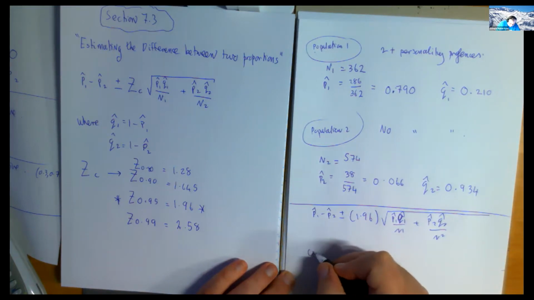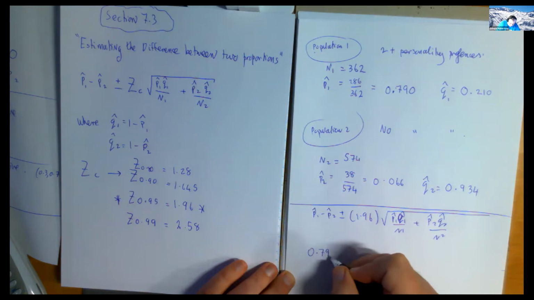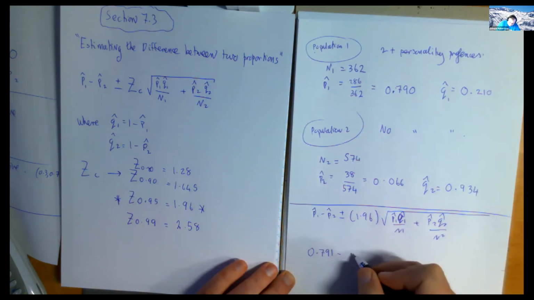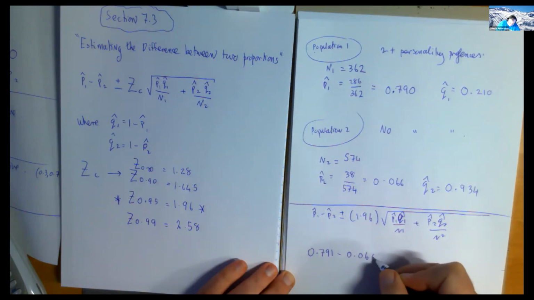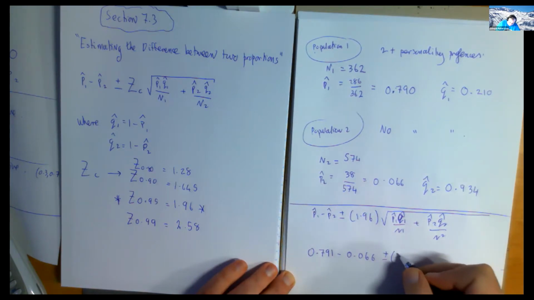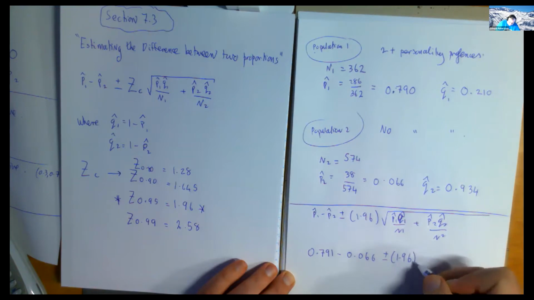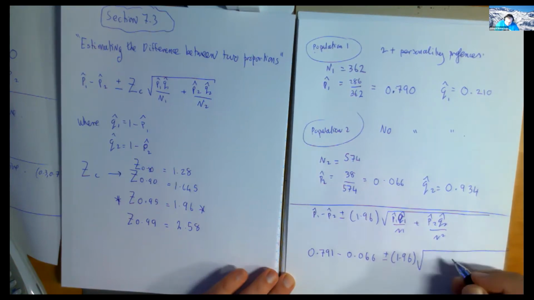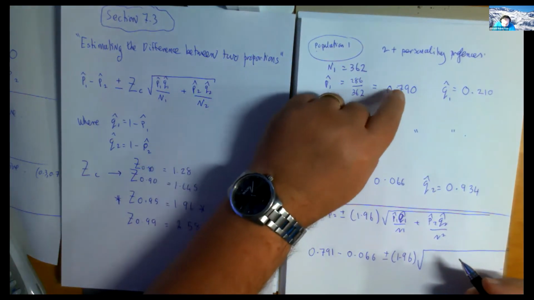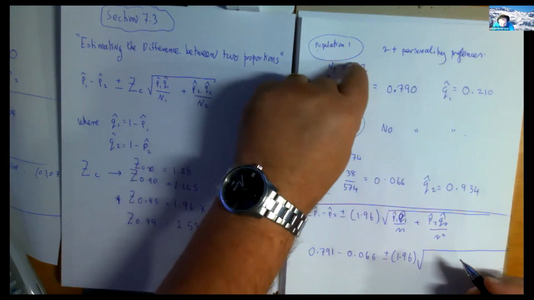This guy here ends up being 0.791. This guy here ends up being 0.066, give or take. That fella. Yikes, okay. This guy times this guy divided by that guy.